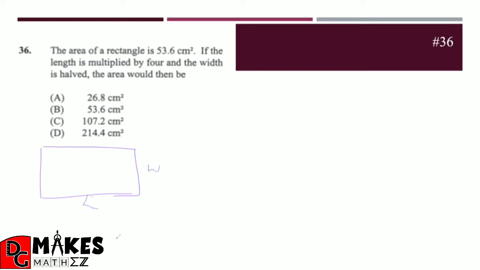And the area of the rectangle is, of course, length times width. And they told us that that area is equal to 53.6 square centimeters. So length times width is 53.6.